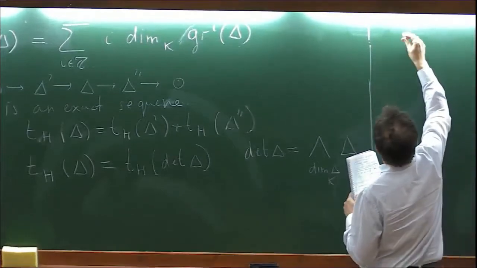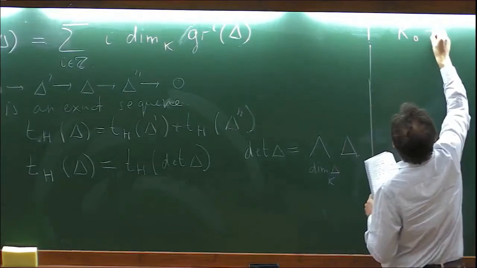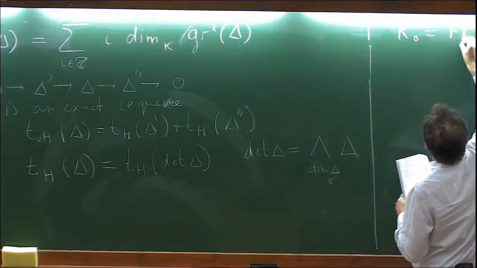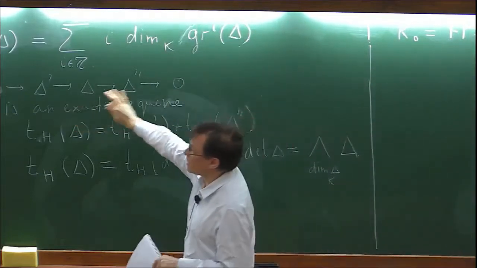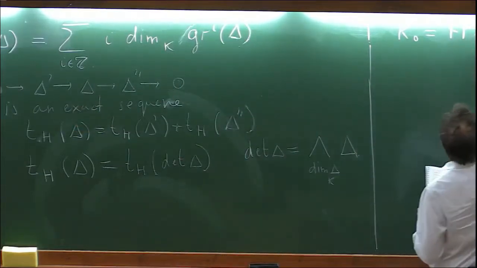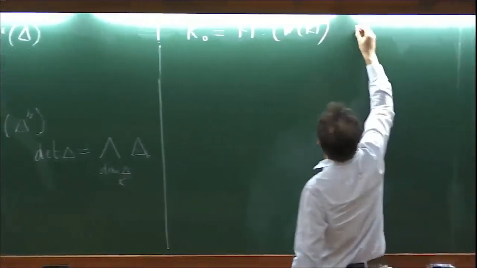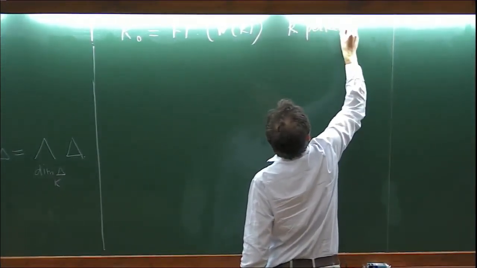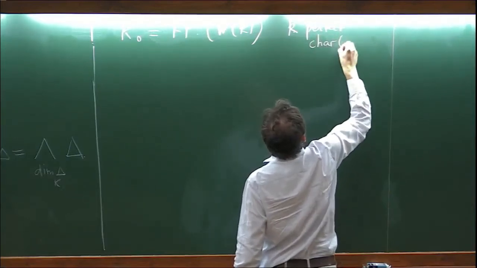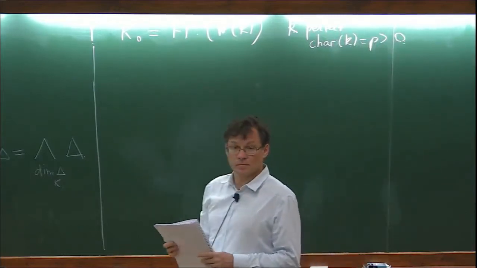So now let's consider a field K_0, which for a moment is completely different, so this is a different picture. It is the field of fractions of Witt vectors with coefficients in a perfect field of characteristic p.